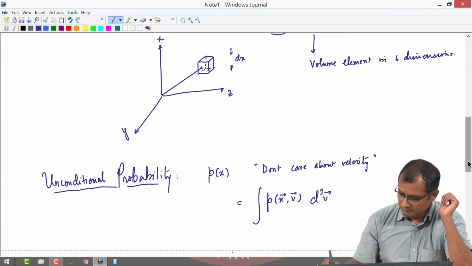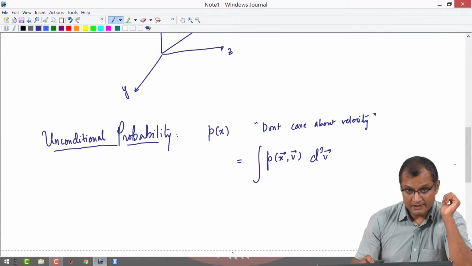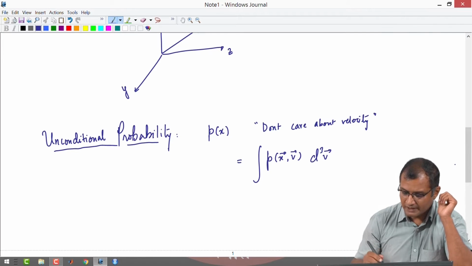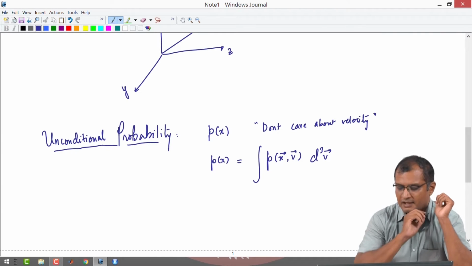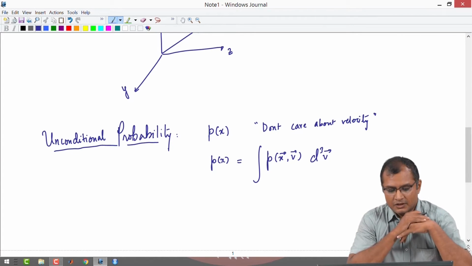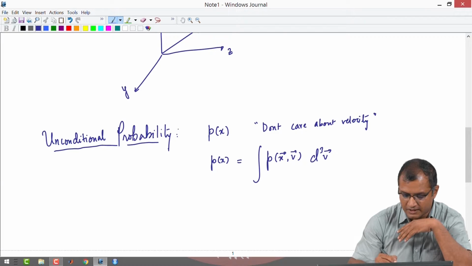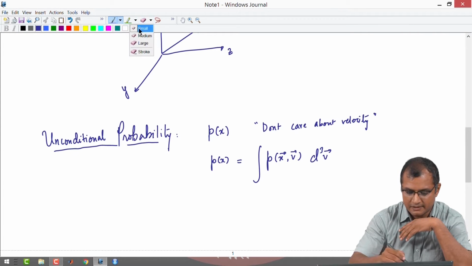So if I take this probability density and integrate over all velocities, I will get what is required, and that is the unconditional probability density of finding a particle at a location x. This is the unconditional probability density.